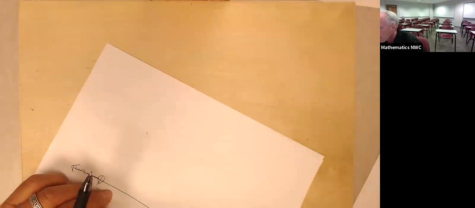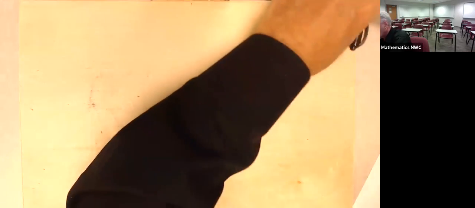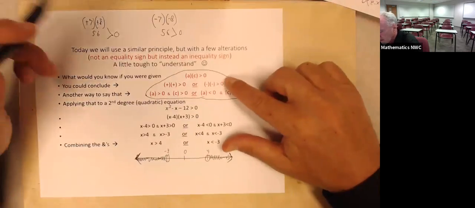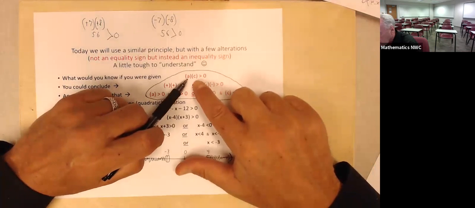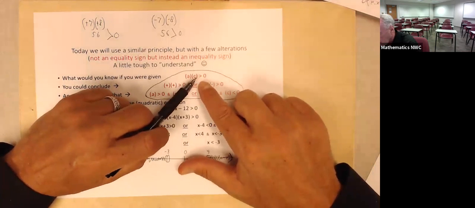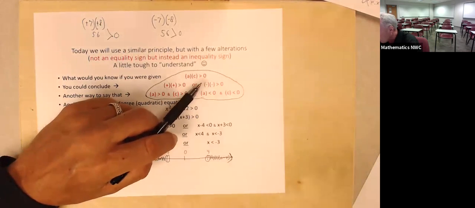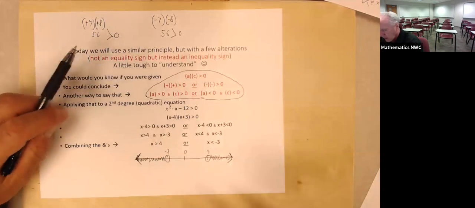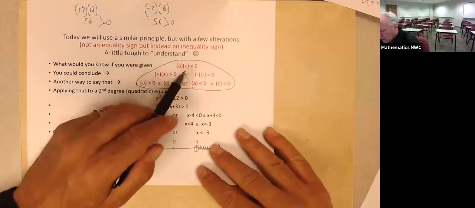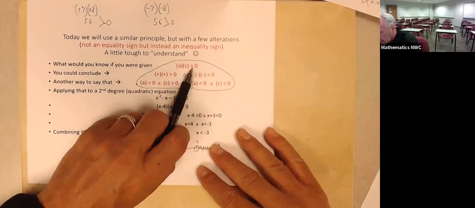I'm going to make life a little bit more challenging here now. So far, this is what we've done. We've taken two numbers, times themselves to be greater than 0. We said they had to both be positive or they had to both be negative. We're going to switch that now. What we're going to do is switch this sign.